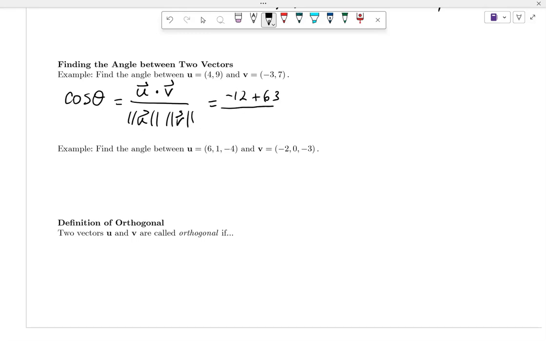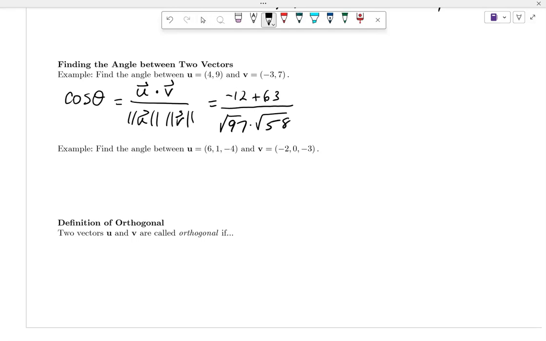On bottom, what do you get for the lengths of each of those? Length of u is going to be 4 squared plus 9 squared. 4 squared is 16. 9 squared is 81. So we get 97. Is that right? For that one? The other one you'll get 58. Good.